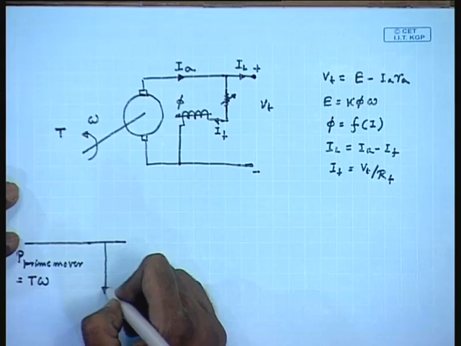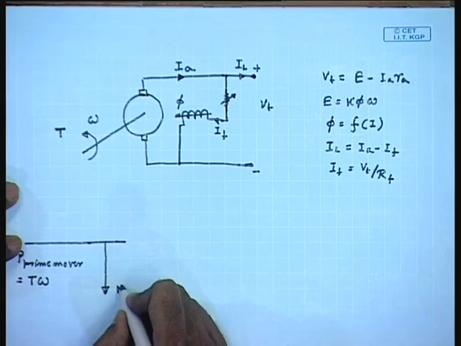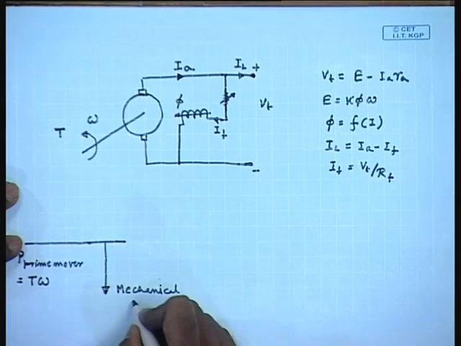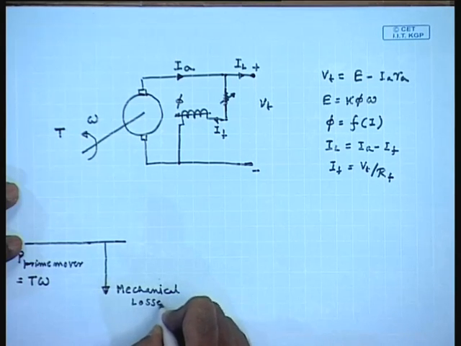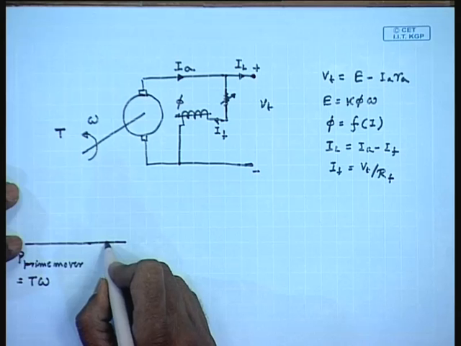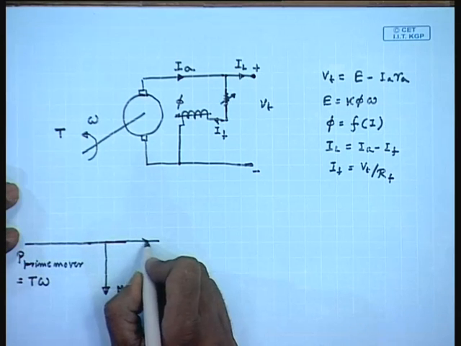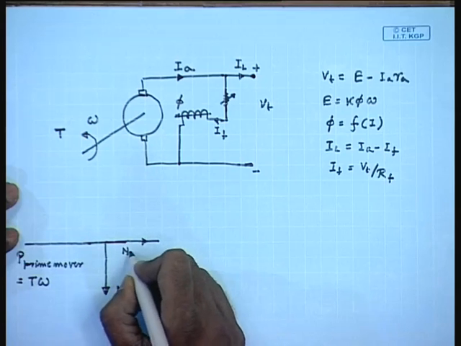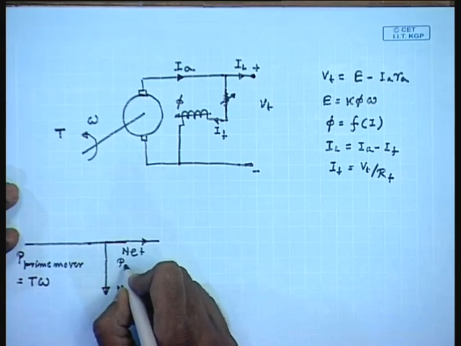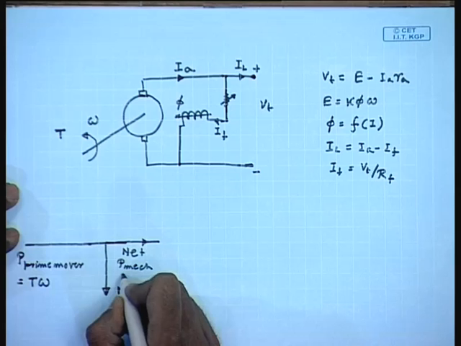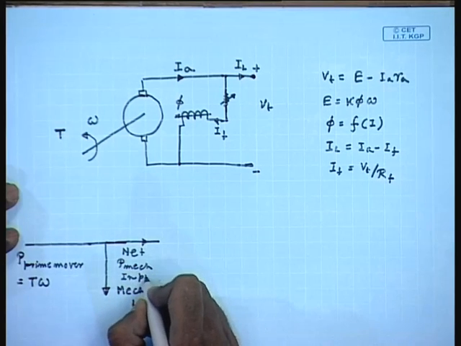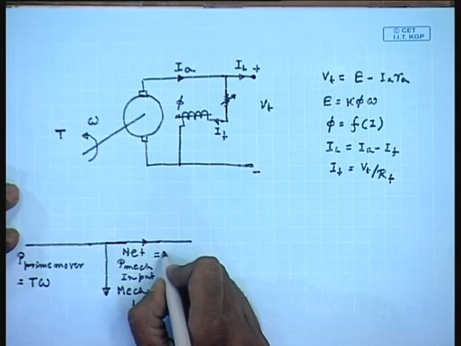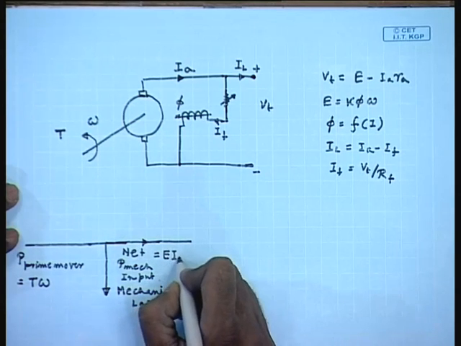So, this is the net mechanical power input to the generator. This is equal to also E Ia.